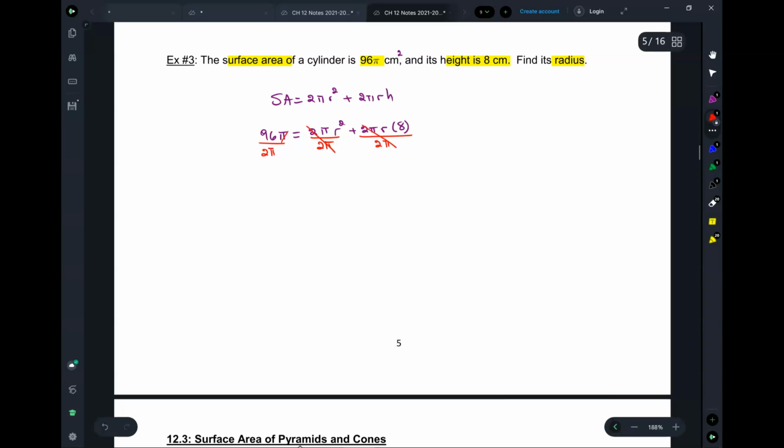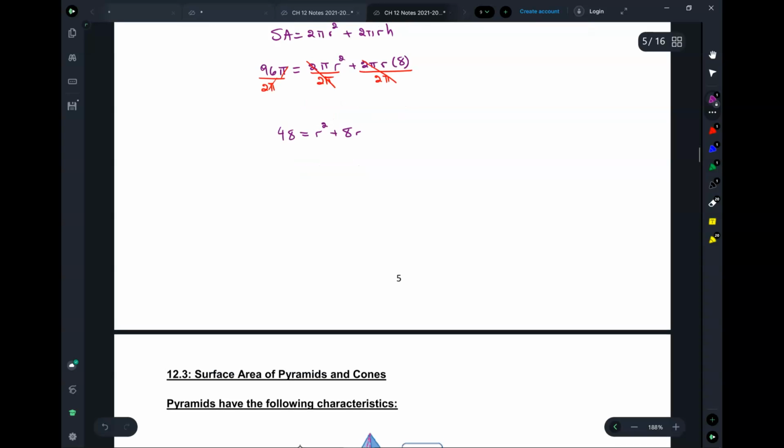Here, the pi's go away, and 96 over 2 is 48, equals r squared plus 8r. Most common mistake here is when your writing isn't neat, and it's all over the place, then you're canceling things out and you forget that there are things left over there.